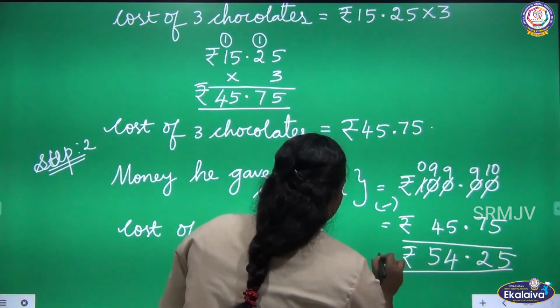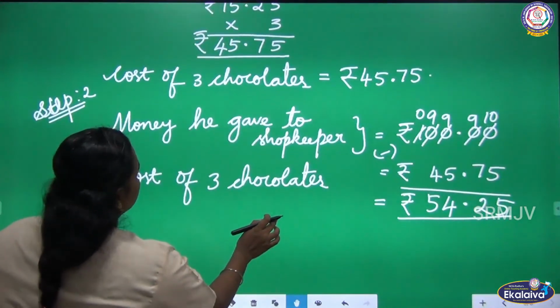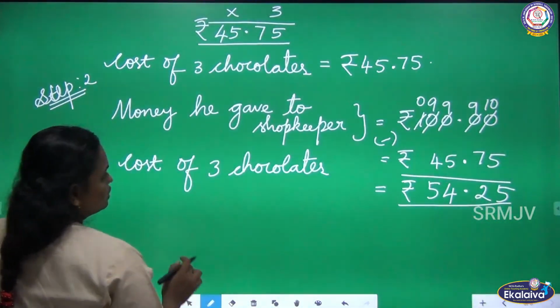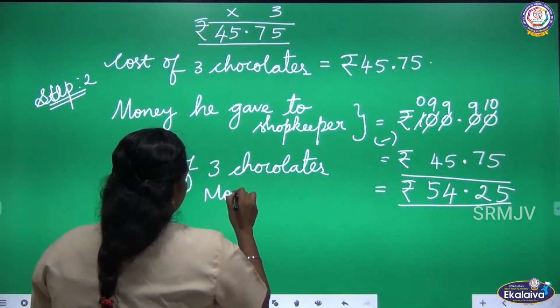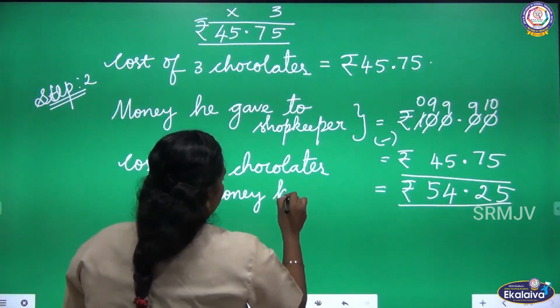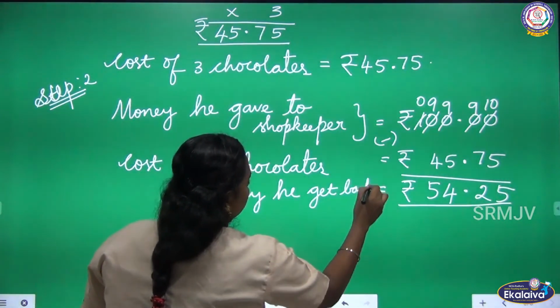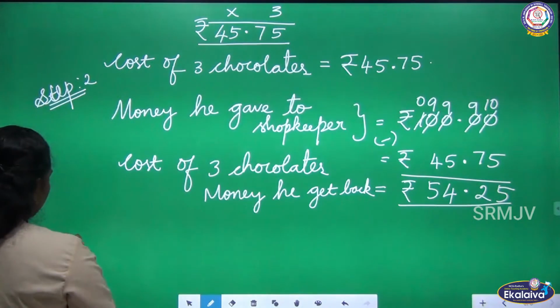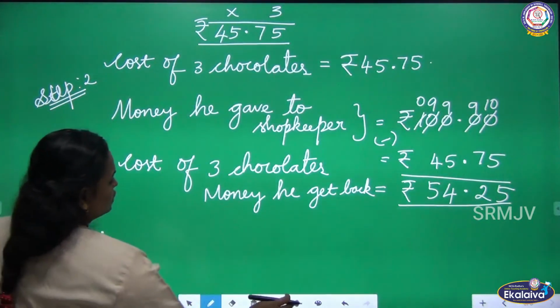So what is the answer, children? So money he get back. So money he get back equal to rupees 54 rupees 25 paise.